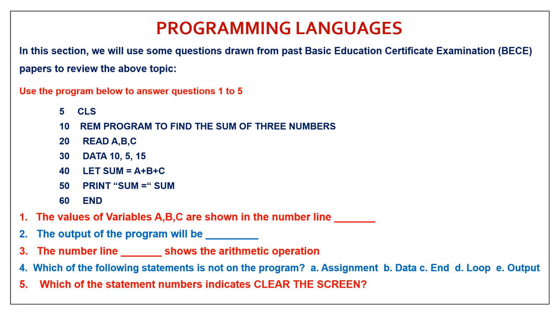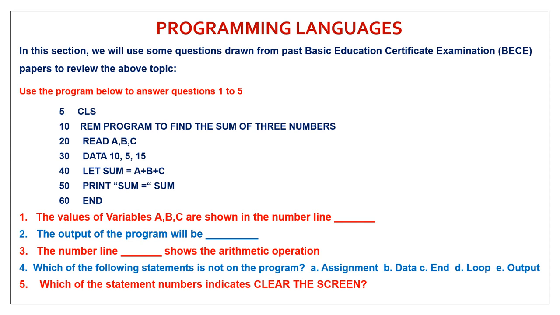Now, let's first look at a program. Use the program below to answer questions 1 to 5. From our program segments, the program is meant to find the sum of 3 numbers. Line number 5, this is a BASIC language program.